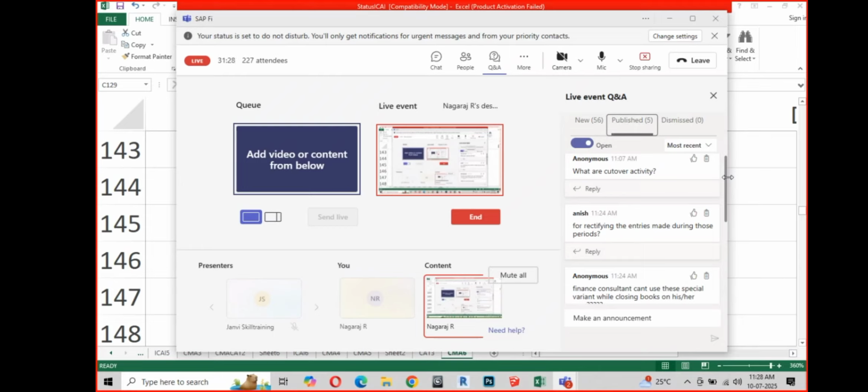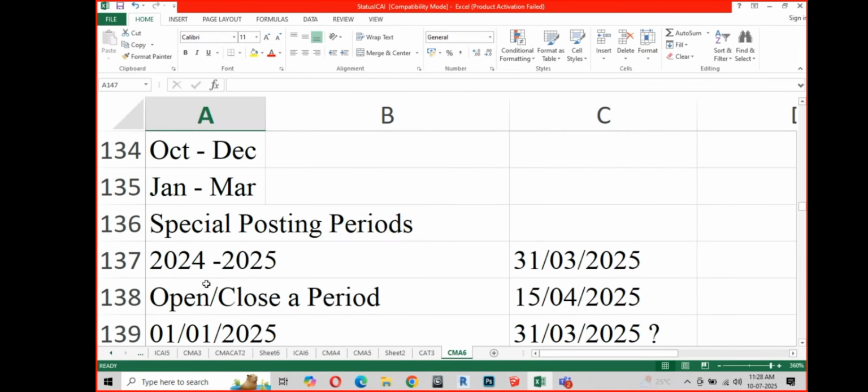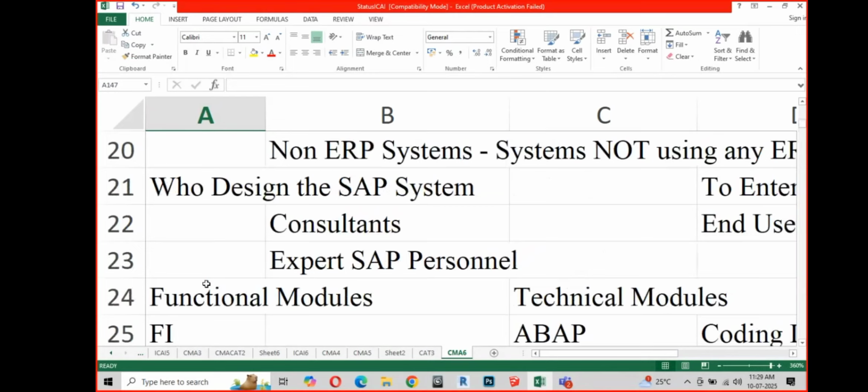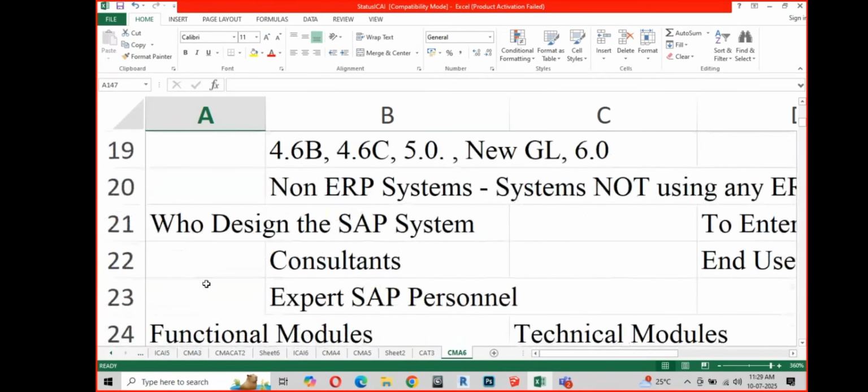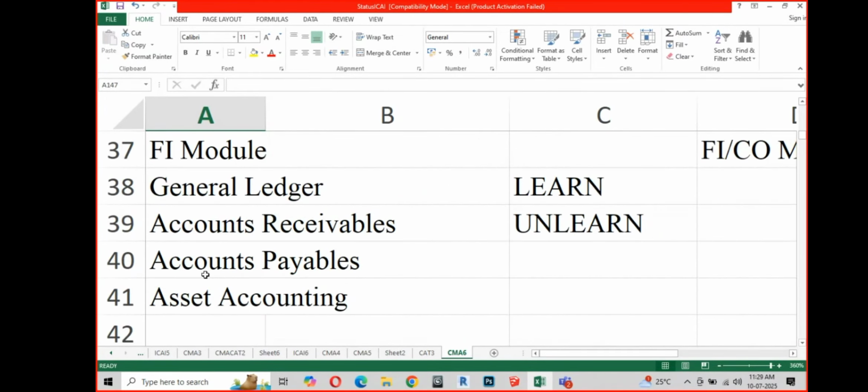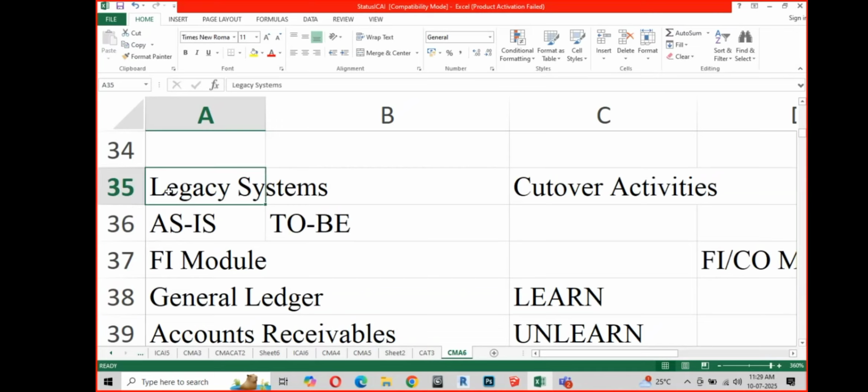This earlier system in SAP terminology is called the legacy system. So what is a legacy system? It is a non-SAP system which the organization was using earlier, before SAP. Now, SAP is going to take over the earlier system.